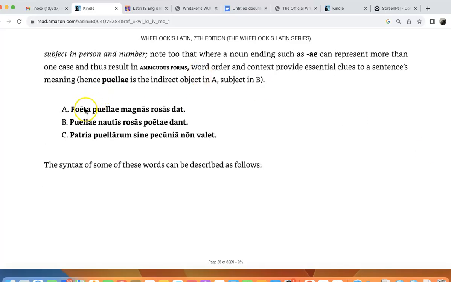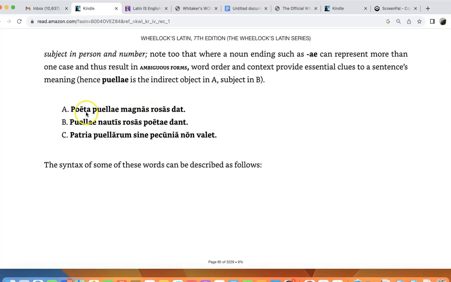But here we have some examples. So the poeta puellae magnas rosas dat. And so they're using vocabulary from the previous chapter as much as possible. So the poet is giving, or gives, large roses to the girl.